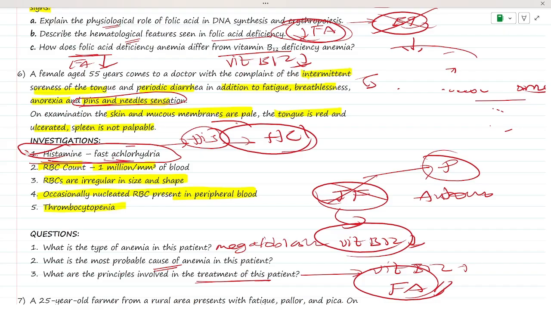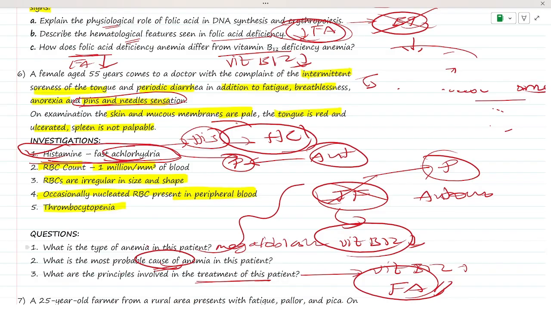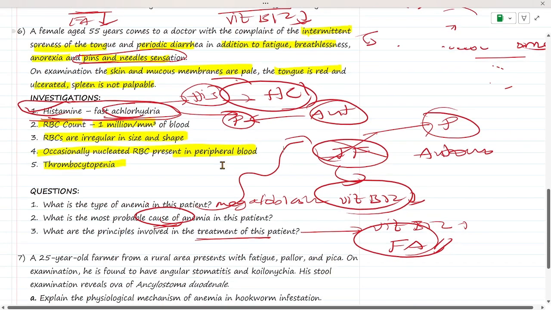What does it mean? It means there are no parietal cells to release. What might be the reason for the loss of parietal cells? It is due to the autoimmune destruction. So the cause is autoimmune destruction of parietal cells. I hope you got the question.